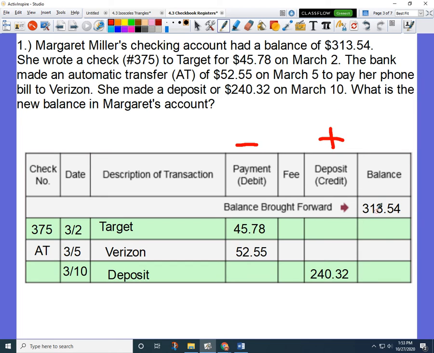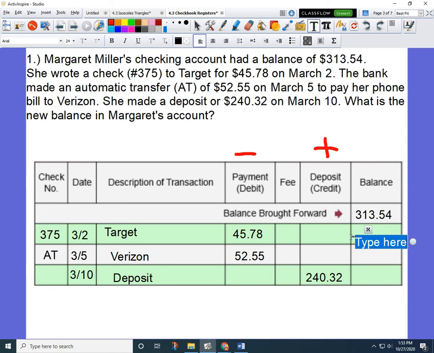So I'm going to start with my balance of $313.54, and I'm going to subtract off $45.78. That's going to leave me $267.76. So you should have something in the balance column after every single transaction.